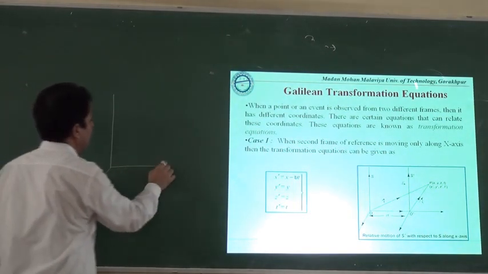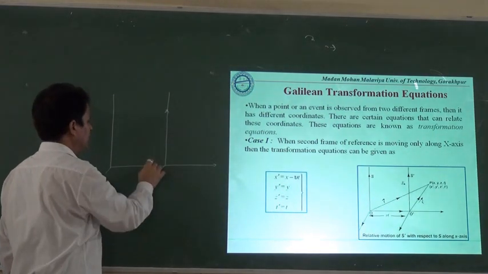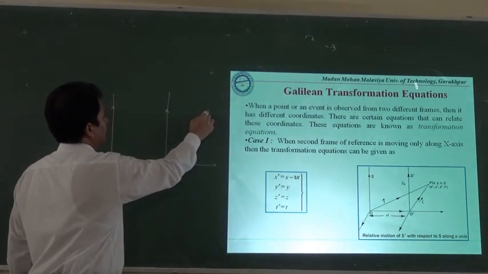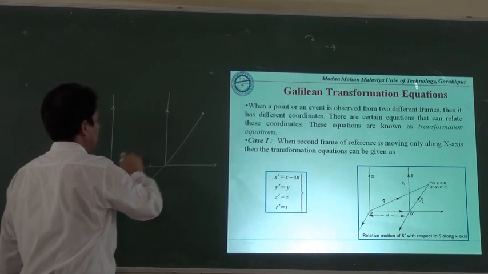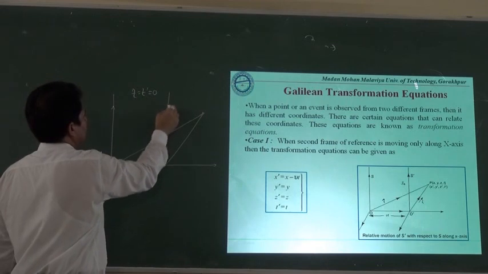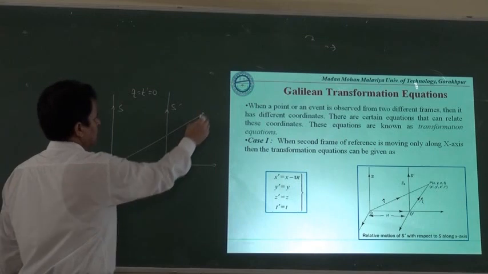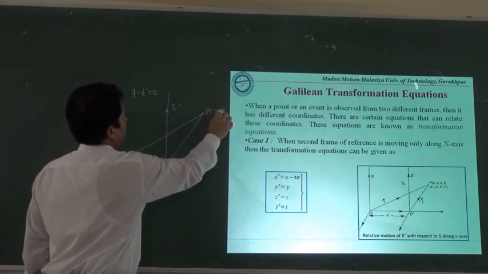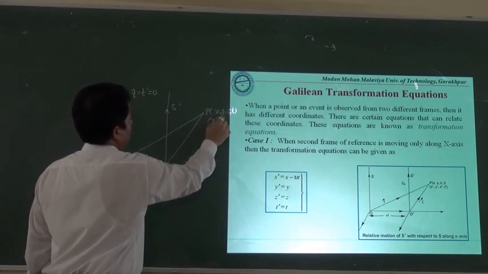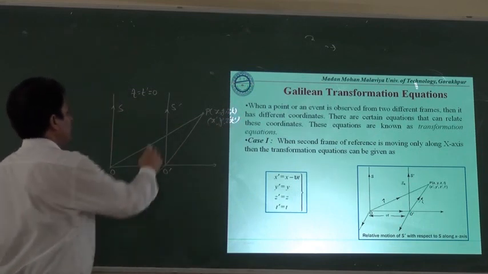These are two frames of references which are inertial in nature. The Galilean transformation we are discussing here is valid for inertial frames of reference only, and initially at t equal to t dash equal to 0, S dash was coinciding with S, and O dash is observing this point P, as well as x dash, y dash, z dash and t dash. These are the information.